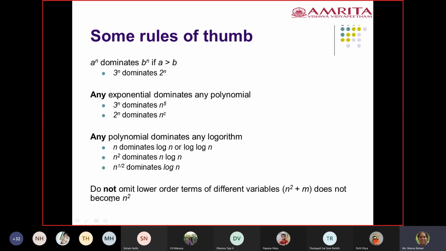Another important rule: do not omit lower order terms of different variables. Okay, so you cannot. So if n square is a variable, also m is a variable. Generally, what we have seen is that in all our algorithms we don't come across this situation.